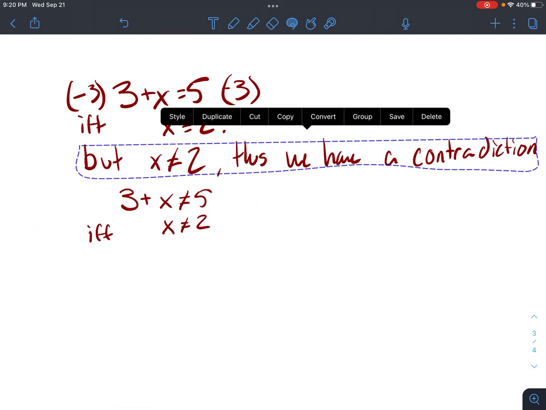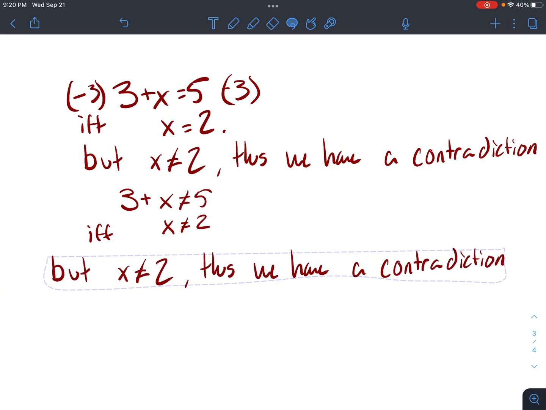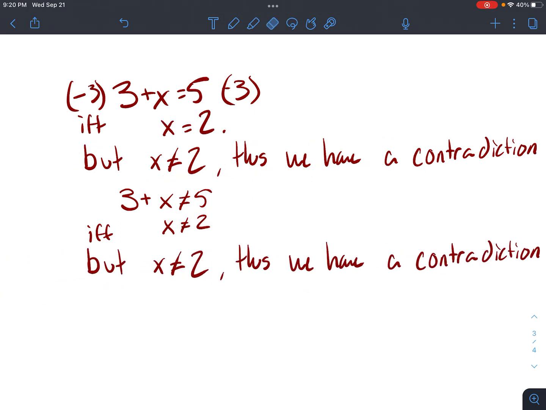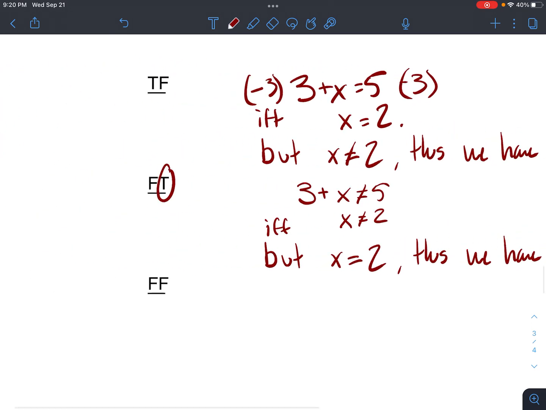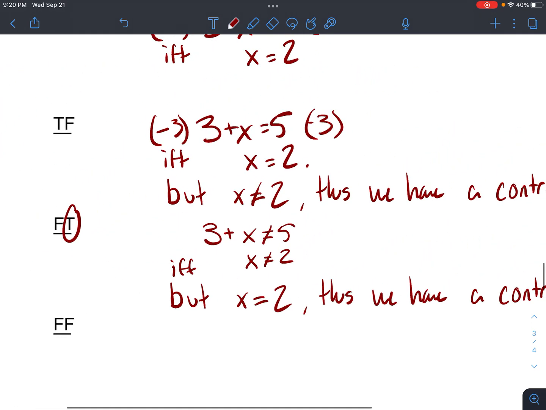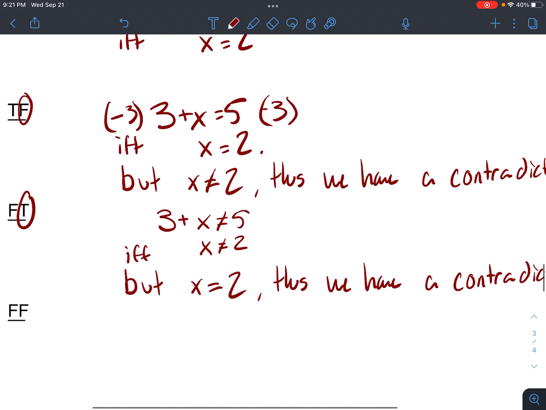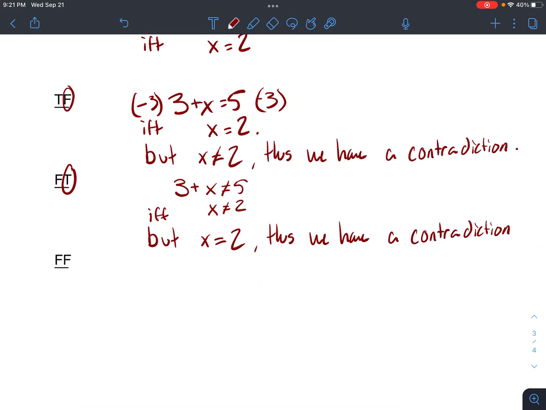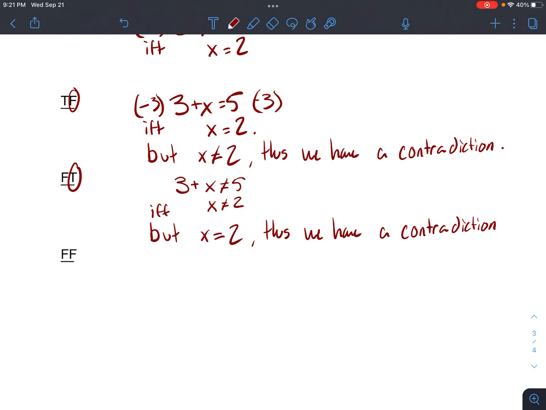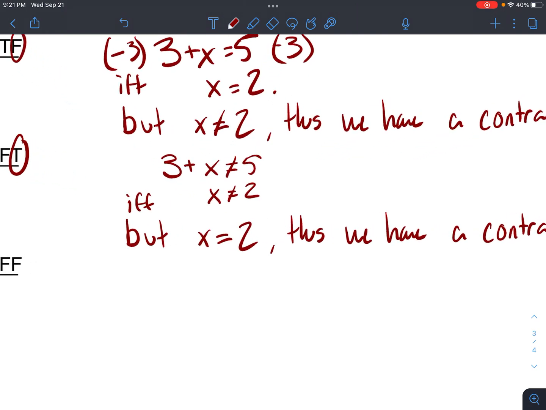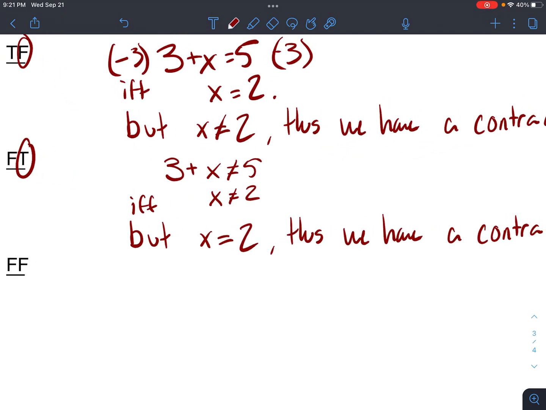We could just use this exact sentence, but we just changed it: but x equals 2, thus we have a contradiction because x equals 2 is true and it's false here. So you see kind of where we're going with this. And if they're both false, we could have something along the lines of what we have here.